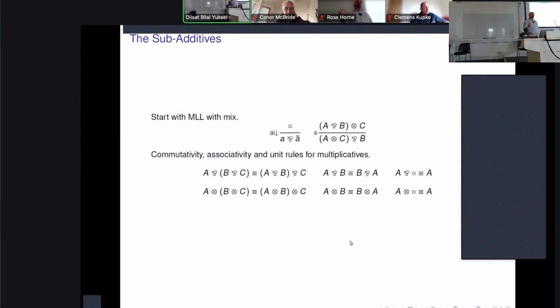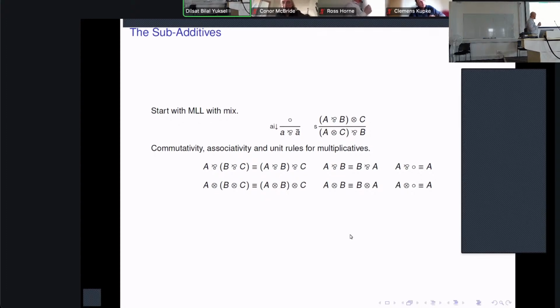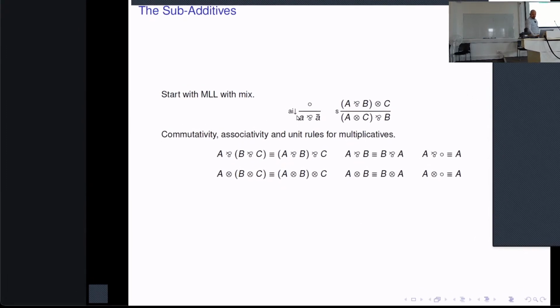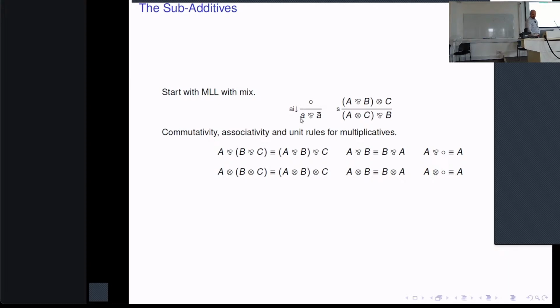Okay. And multiplicative linear logic, this is just the basic multiplicative operators of a very specific form. So there's this rule here. This is the multiplicative disjunction.